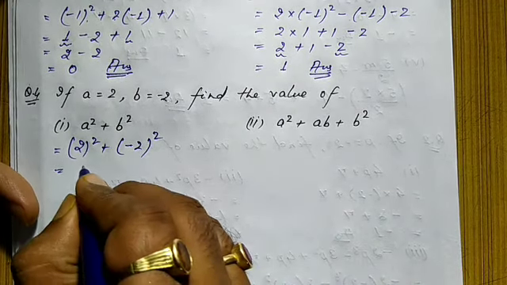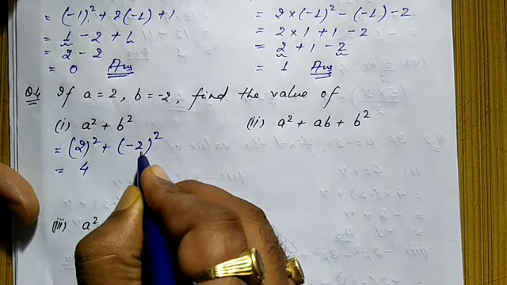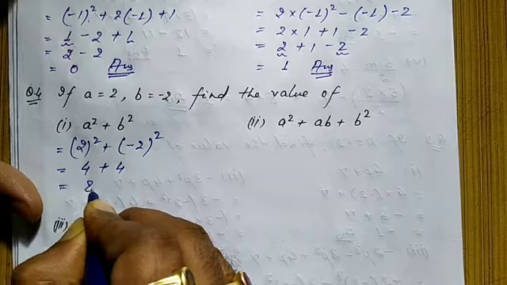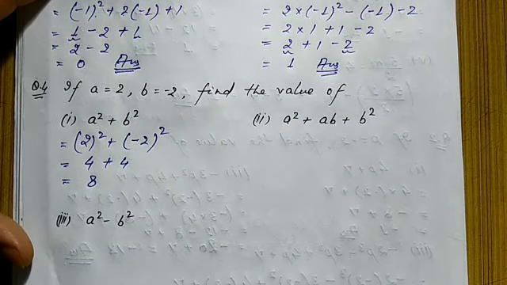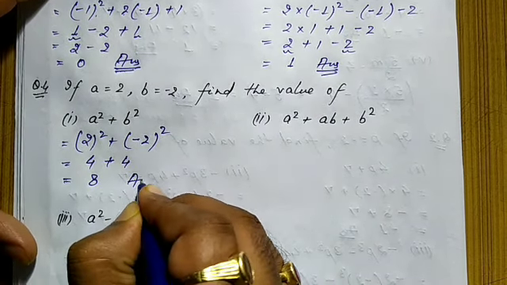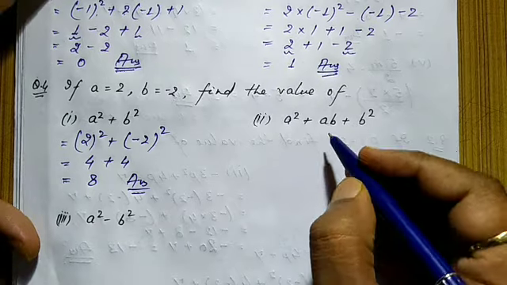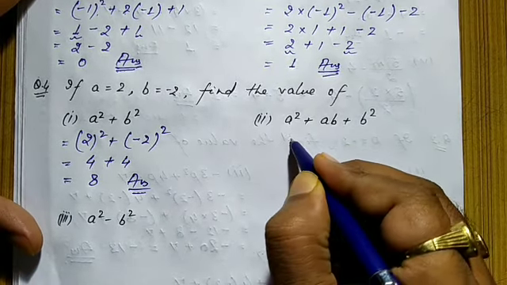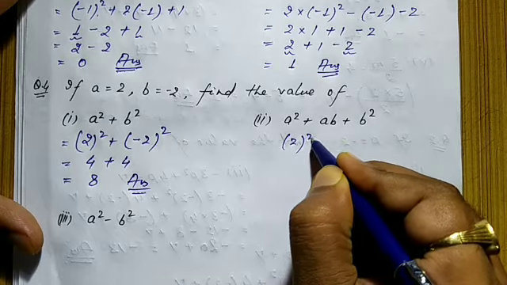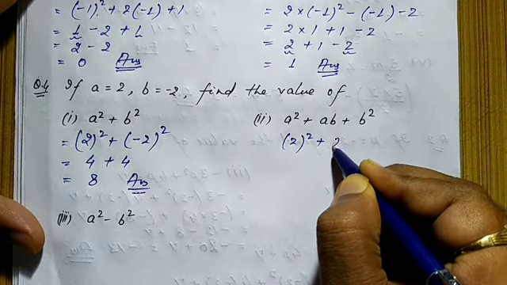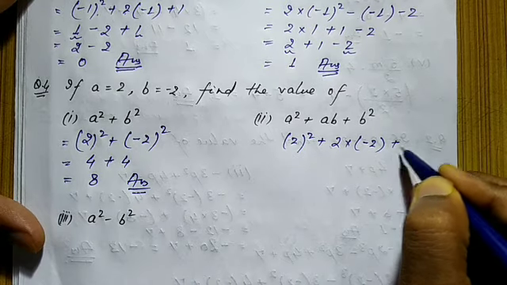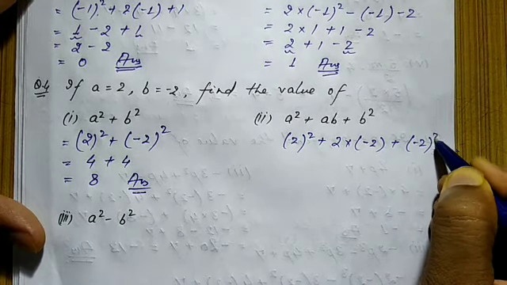Okay, 2 square, 4. Here minus 2 square, also 4, 4 plus 4, that is 8. Next one, put a is equal to 2 and b is equal to minus 2 in this expression. 2 square plus 2 into b is minus 2 plus minus 2 whole square.